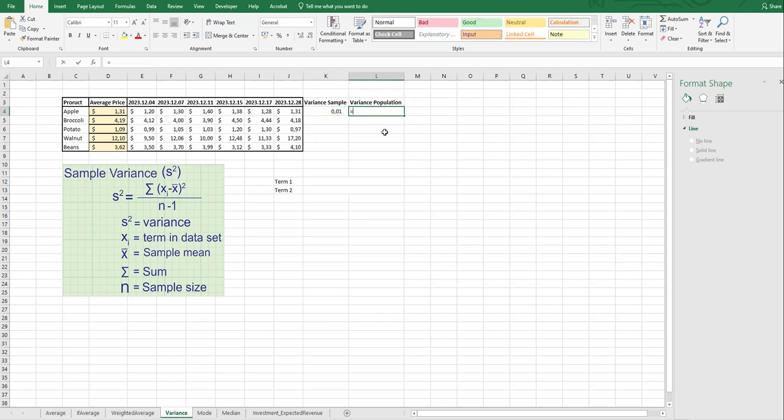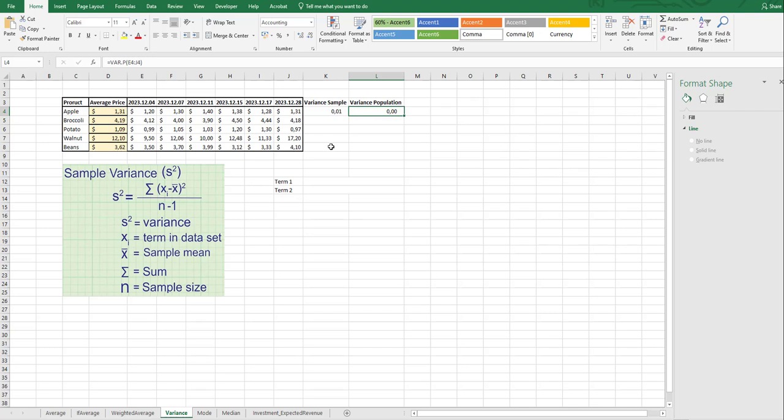Could it be very different if I calculate the population variance, divided by a higher number, so it is even less? Yes.